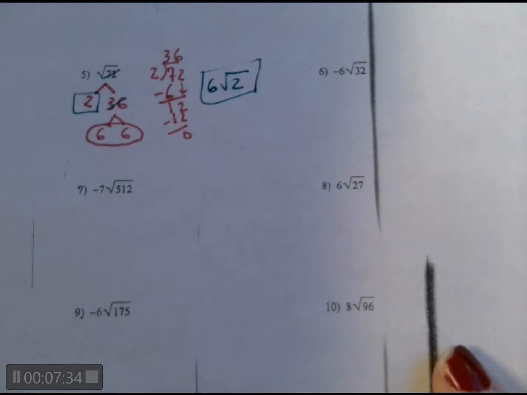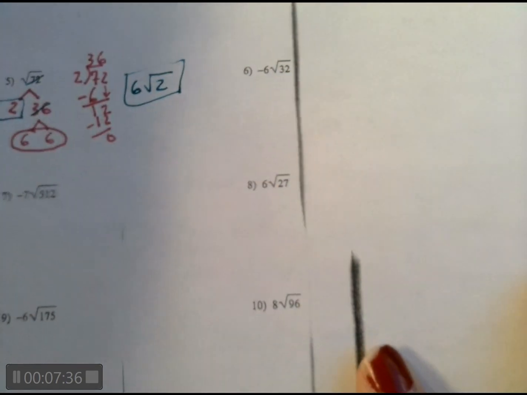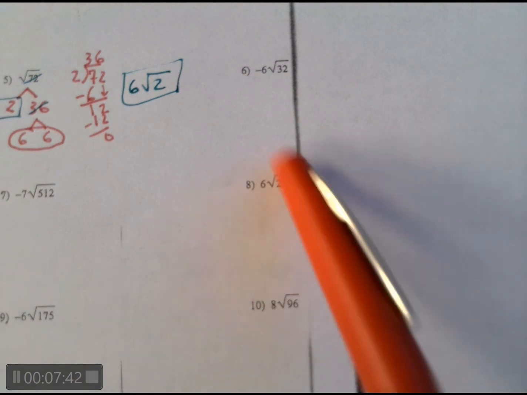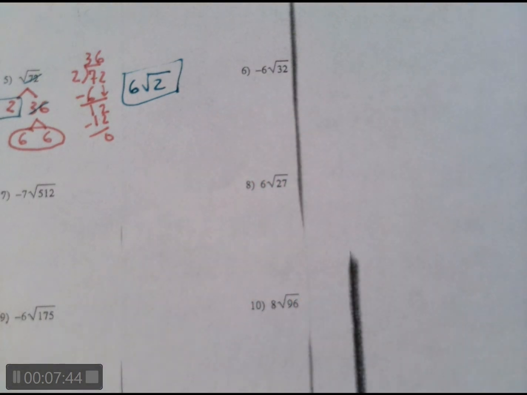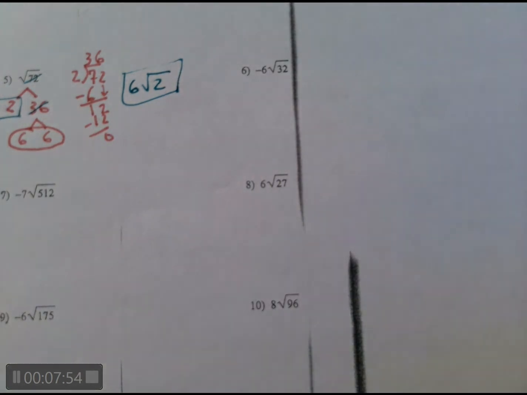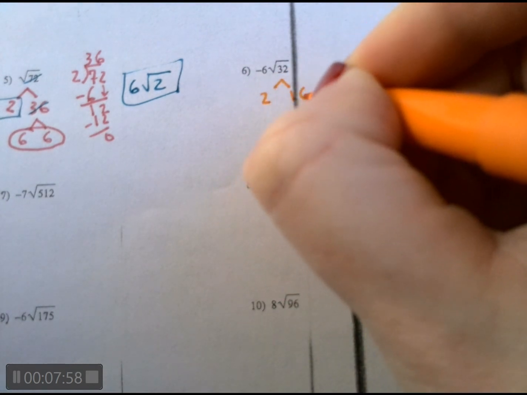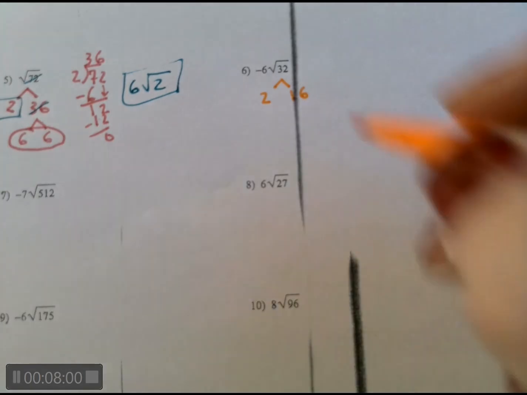Alright, number 6. Number 6 has something a little bit different to it. That's right, it has a number on the outside. It has negative 6 square root 32. Okay, so the first thing that we're going to do is, same as always, do your tree. Whoops, I already used red. So in a previous problem, we saw that 2 and 16 were factors.